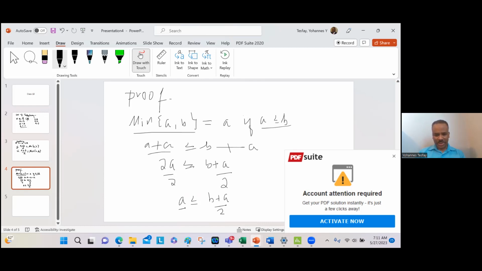But what is A? A is the minimum of A and B. A is the same as the minimum of A, comma, B ማለት ነው። ግልጽ ነው። ስለዚህ the minimum of A and B, which is A in this scenario, is less than or equal to the average of the two numbers. Is that okay? ግልጽ ነው here?